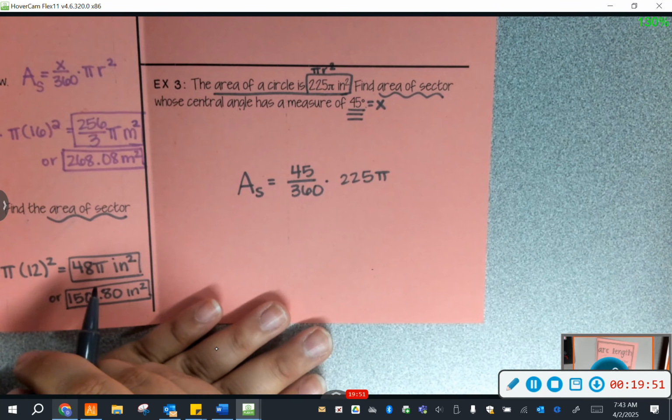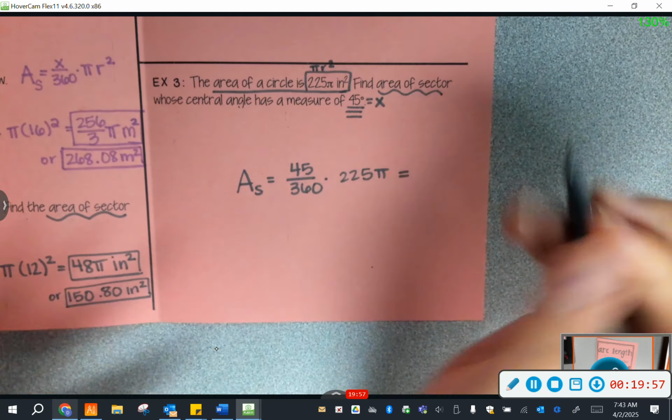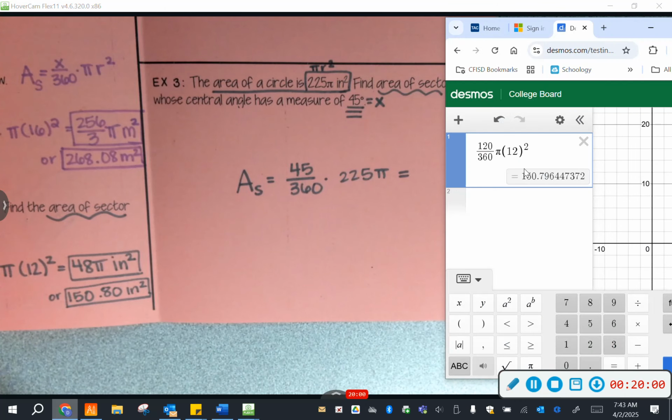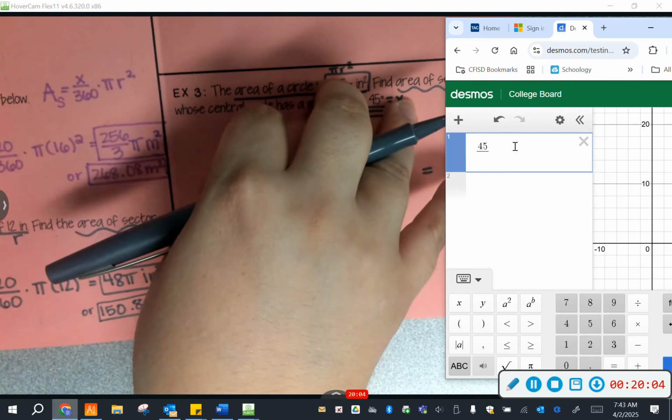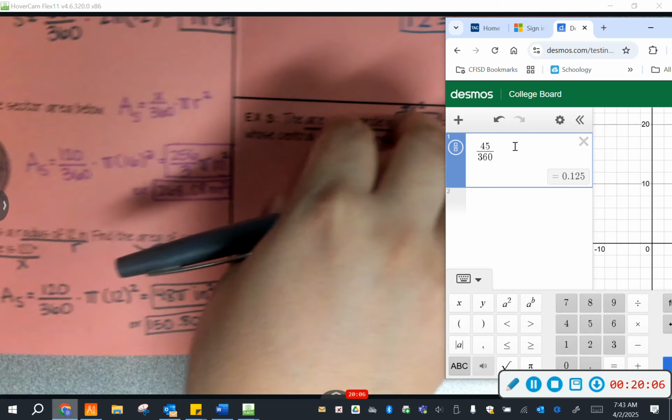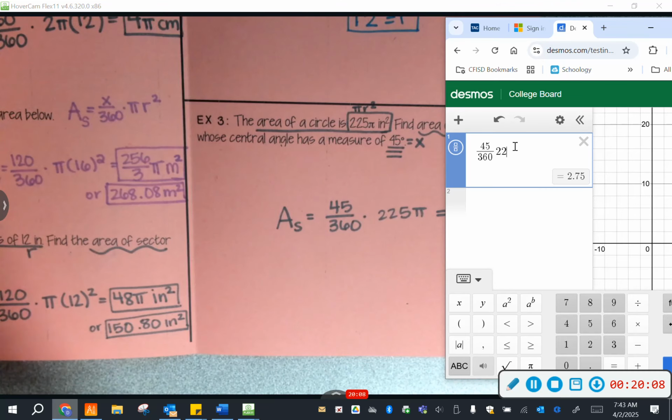And now what do I need to do? Yeah, put it in the calculator. That easy. So it gave you most of the information. What is it? 225, and I'm not going to put pi.